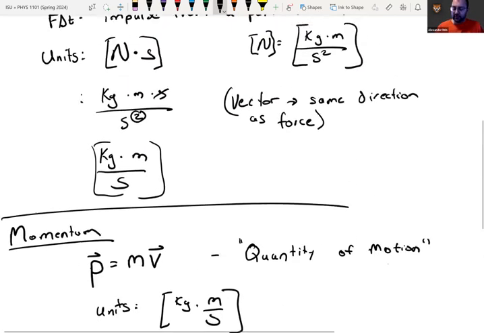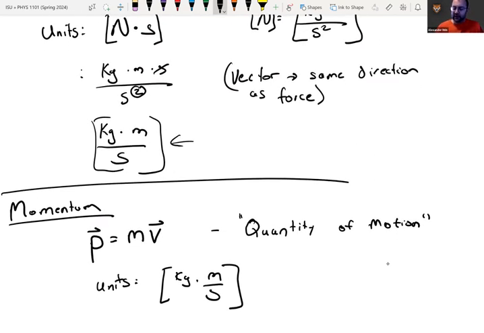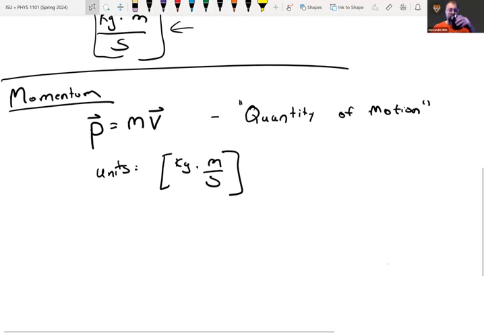So that's kilograms meters per second, which was exactly what impulse reduced to when we canceled its newtons out. So when you're talking about momentum, you tend to measure that in kilogram meters per second. This is one case where we don't give a special unit to this new quantity. We don't have a special unit of momentum. We just say kilogram meters per second.